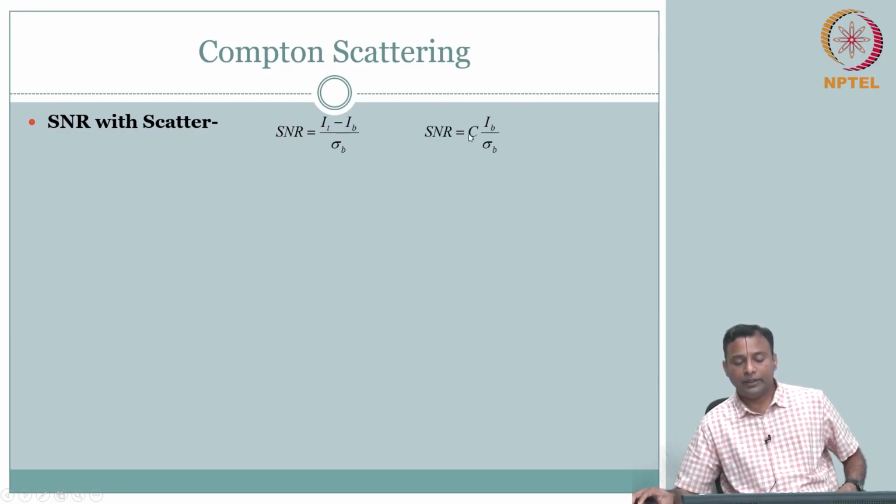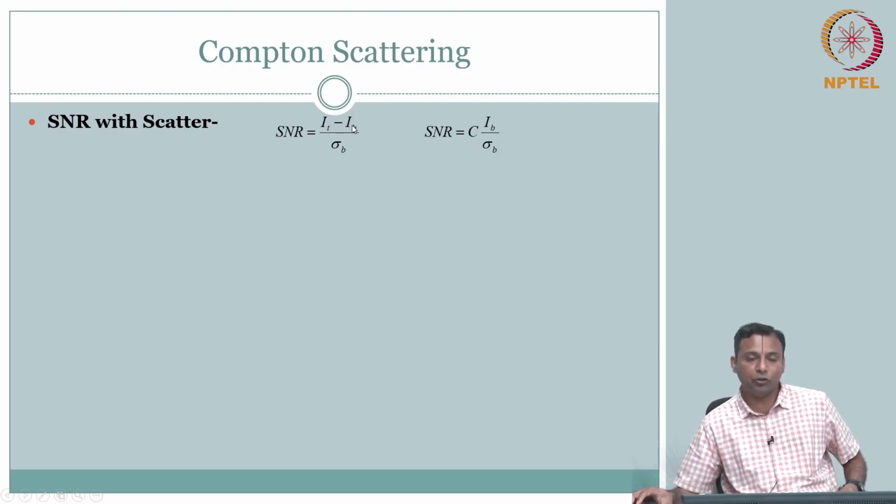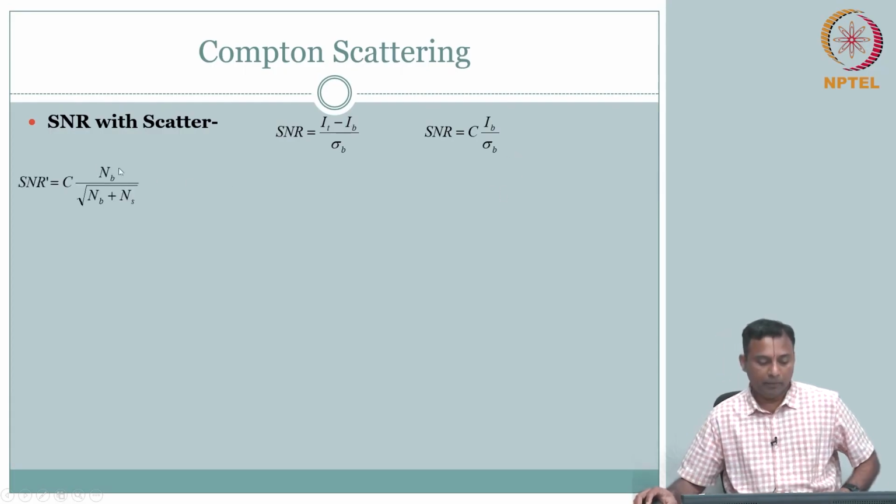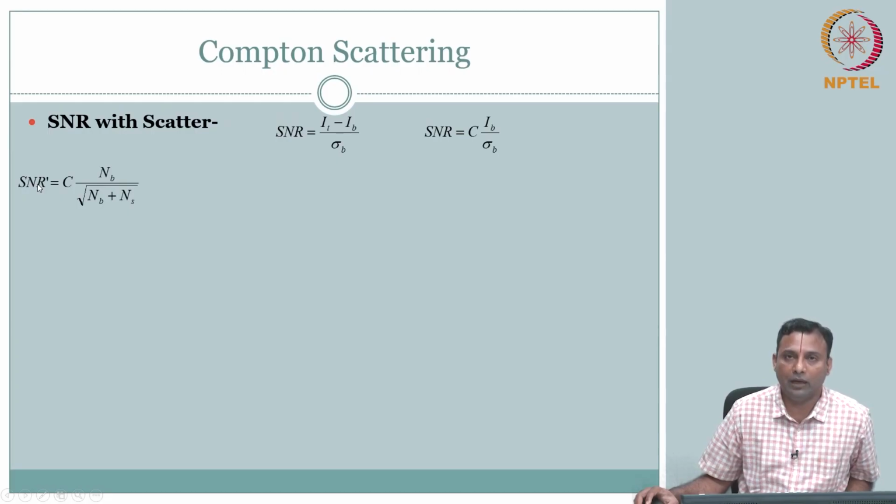If you introduce the scatter, we can start to write SNR in terms of local contrast. Remember, we did this a few slides back. So, C IB by sigma B, but my new signal to noise ratio after my Compton scattering effects are included will be C times NB by square root of NB plus NS.